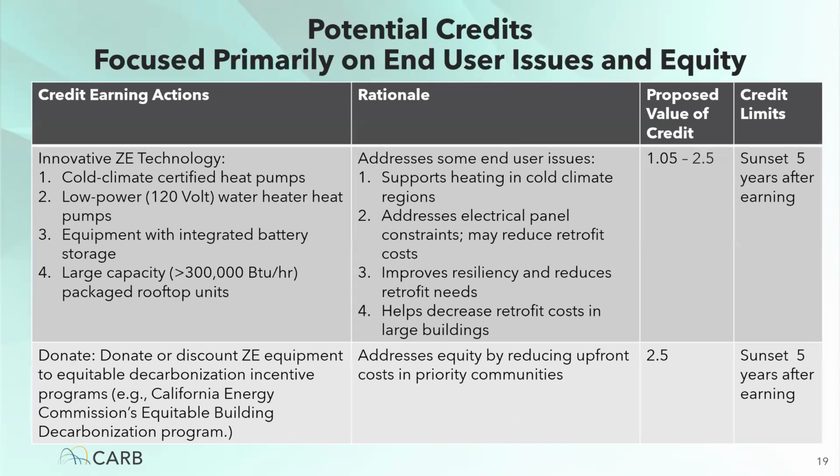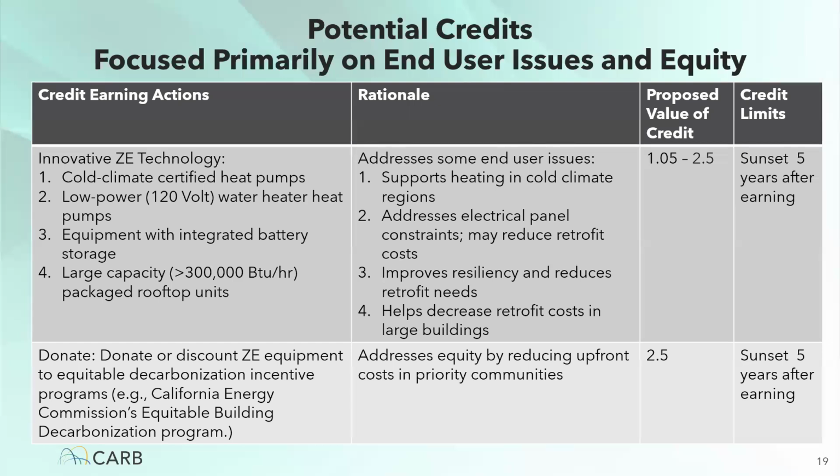The next type of potential credit earning actions are focused on addressing specific end user issues through technology innovation and improving equipment accessibility in low-income communities. Through our public engagement and research, we identified several end user issues that could be addressed with the right technology, so we are considering offering up to 2.5 credits for units equipped with the following innovative features.